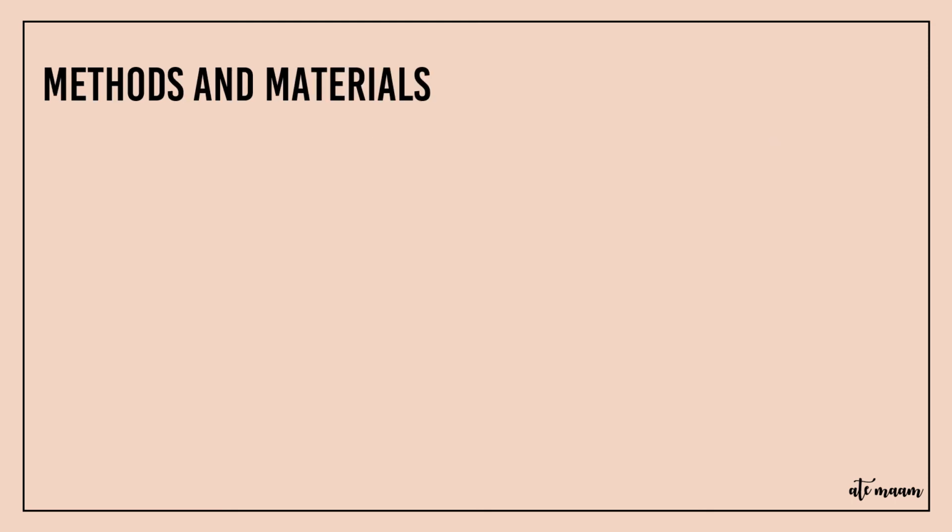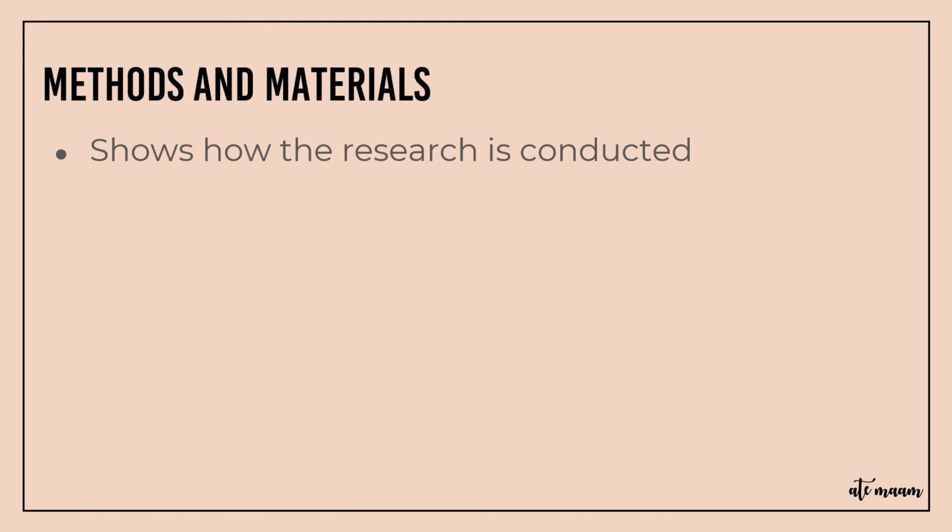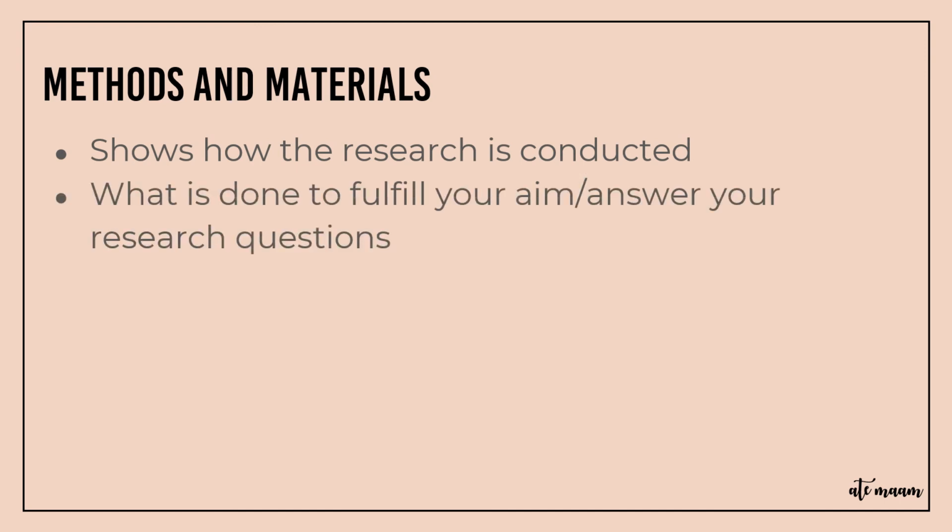Next, we have the methods and materials. So in here, you need to show how the research is conducted and what is done to fulfill your aim or answer your research questions. So after introducing your topic, after knowing your research question, your aims, you need to act on it.